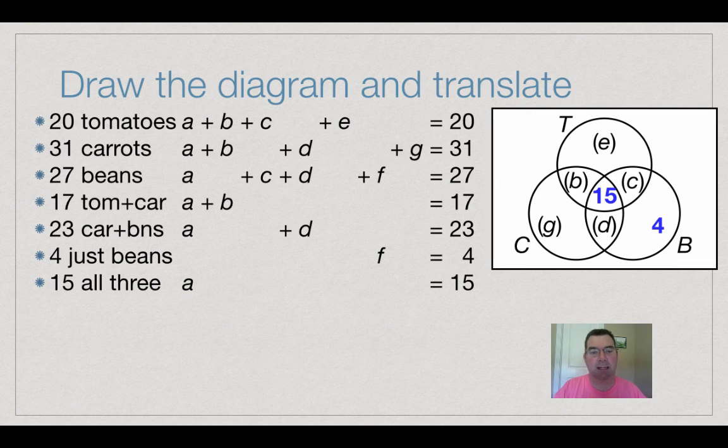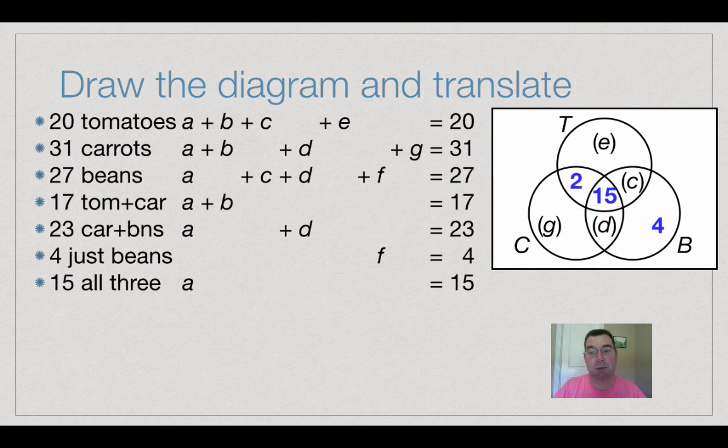I look for any equation that has just 2 letters in it, and I try and replace those. So the 17 people that grow tomatoes and carrots, that's made up of 15 people and some more. So that 15 plus B has to add up to 17, so obviously that's a 2.